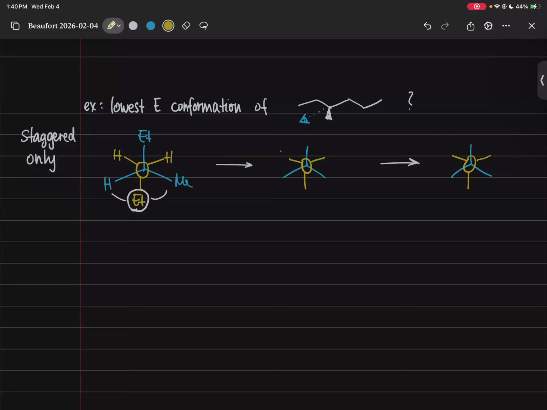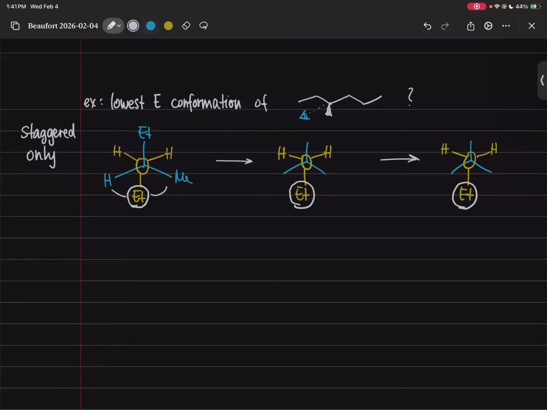We're going to hold the back carbon the same, with that ethyl group that we're going to use as sort of our control. And so, like we did in the previous examples, we're going to take the front carbon in blue and rotate it 1 turn each time.